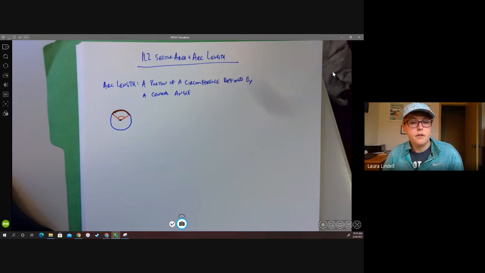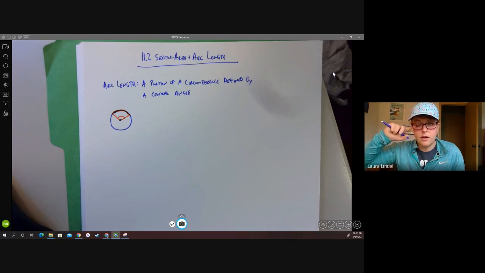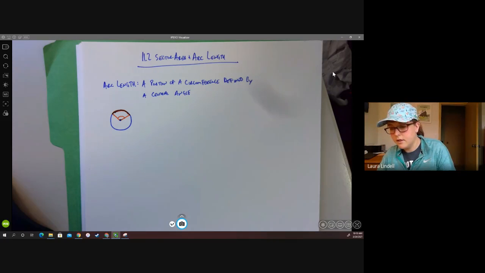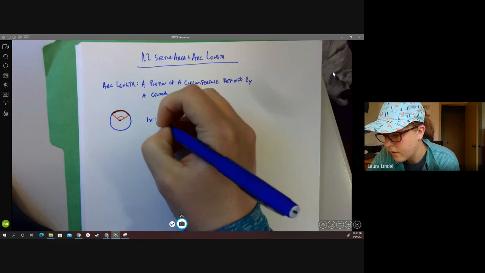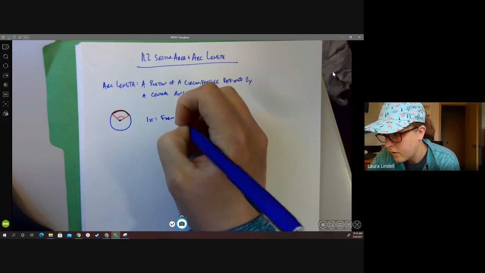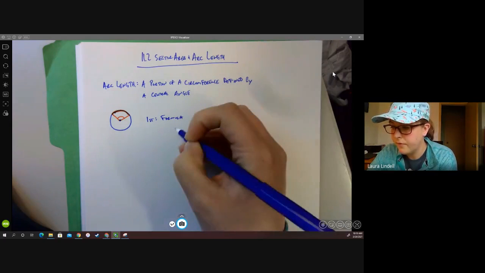Okay, so how do we find exactly what portion that is of the entire circumference? Well, there's a formula we can use. Or you can also solve it using proportions. So we'll take a look at both of those. So the first way, formula.